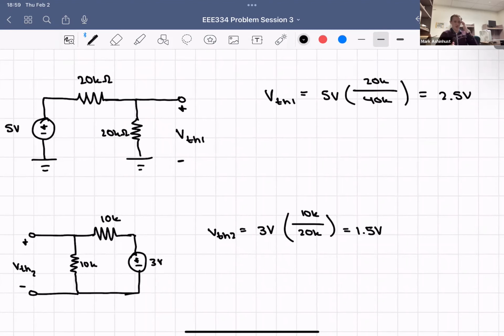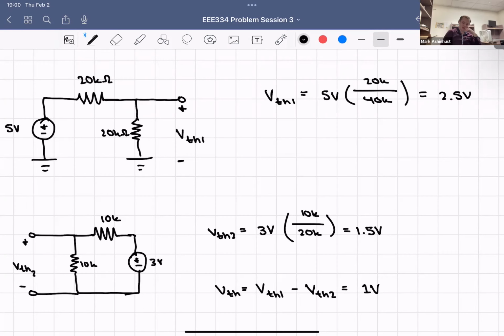So our total V Thevenin, looking at the right side and then the left side, is going to be VTH1 minus VTH2, which is going to be 1 volt. So that's our V Thevenin.